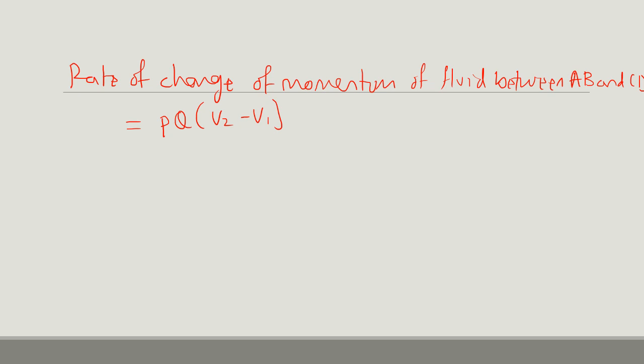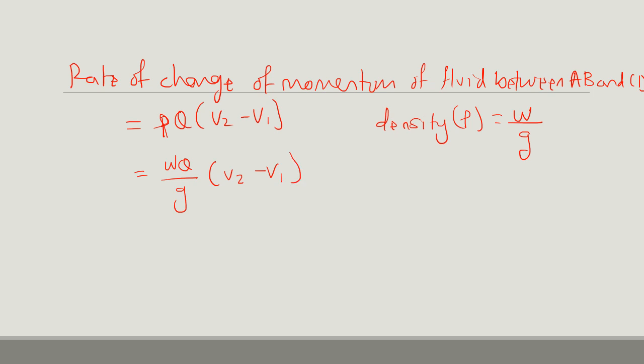And we can recall that density rho is equal to W over G. Rho is equal to W over G. This is from basic physics. So we can just substitute that: WQ over G (V2 minus V1). And this is our equation for the rate of change of momentum of fluid between AB and CD.